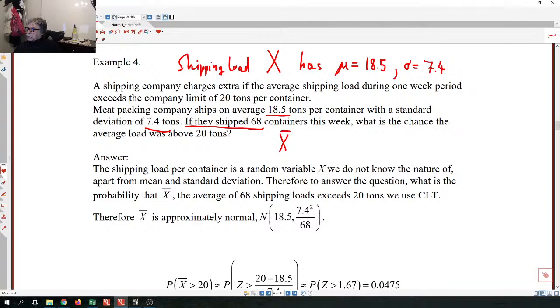The central limit theorem says that X bar is approximately normal, and it has the same mean as X, which is 18.5.